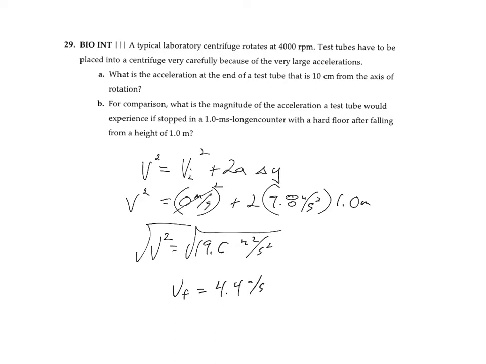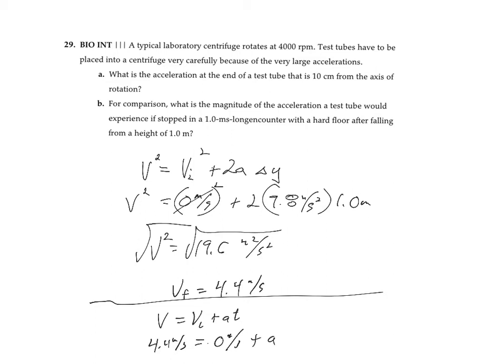Now I'm going to throw that into another equation where I'm going to go VF equals VI plus AT. I have to find the acceleration. My final velocity, we just decided, was 4.4. Initial is 0. And plus A, and it took 1 millisecond, which is 0.001 seconds, to hit the ground.